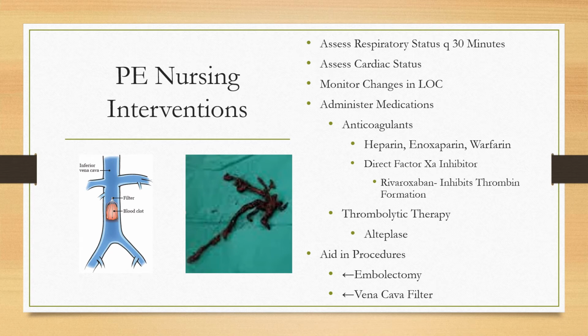Okay, not very common. Again, it's something that's sometimes offered as a last-ditch effort to try and save the person. Okay. In general, the treatment for PEs is maintaining oxygenation, maintaining blood pressure, and some form of an anticoagulant.